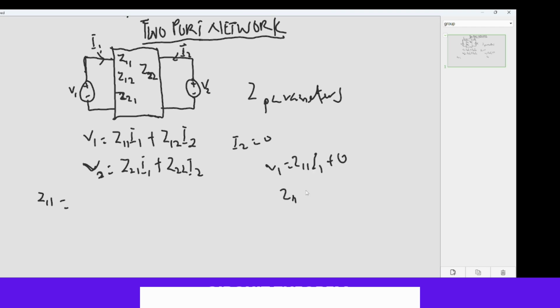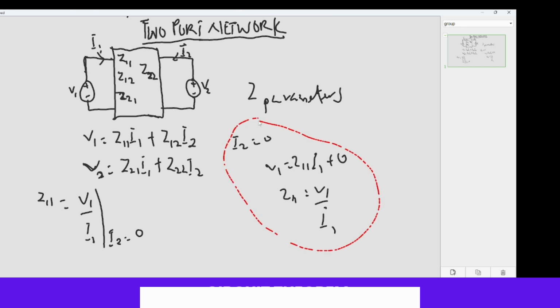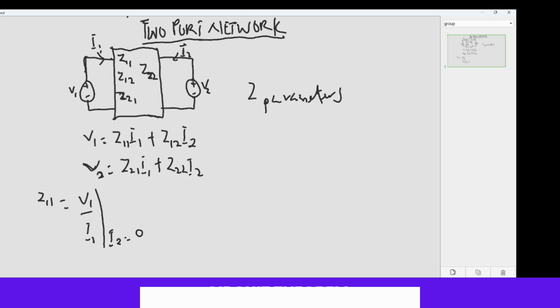So my Z11 is equal to V1 over I1. But this is only a condition that is obtained when I2 is equal to 0, right? So that will be our general formula for Z11.